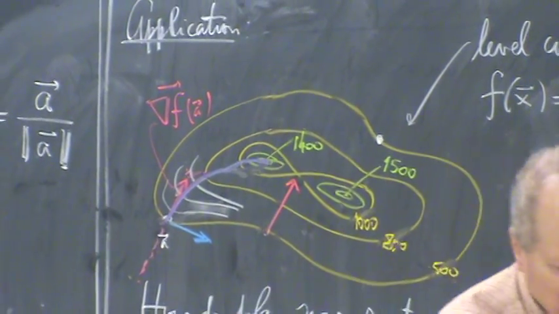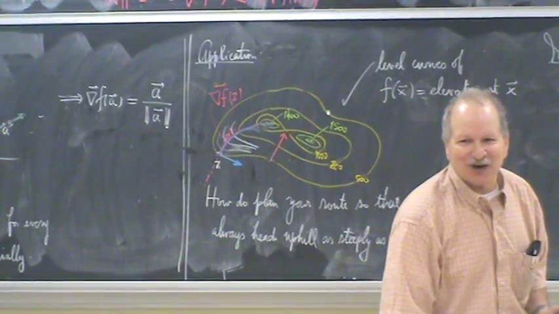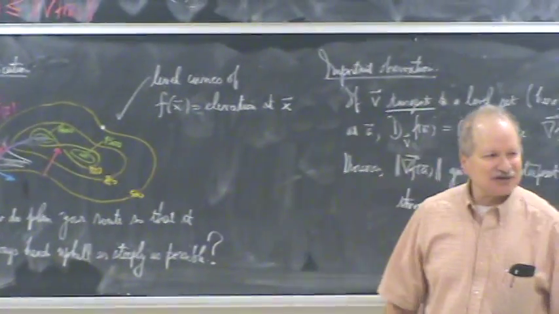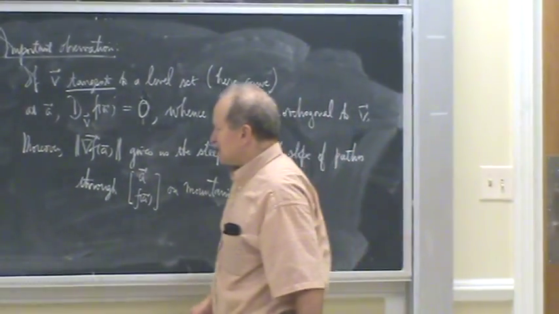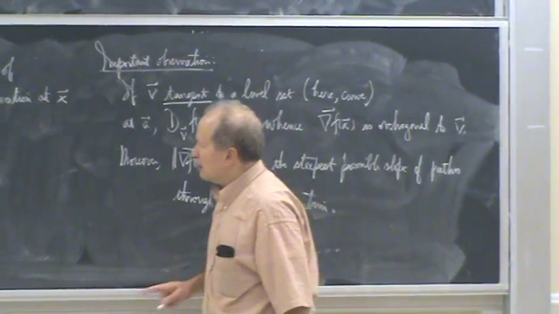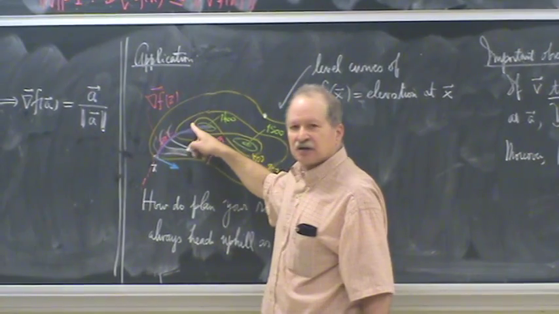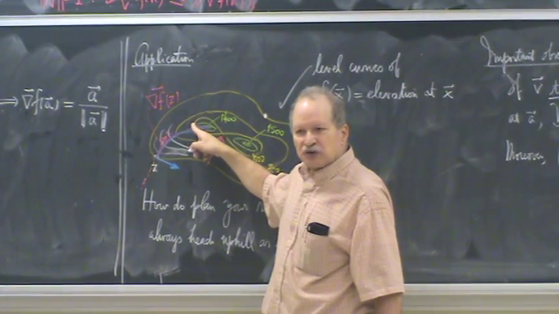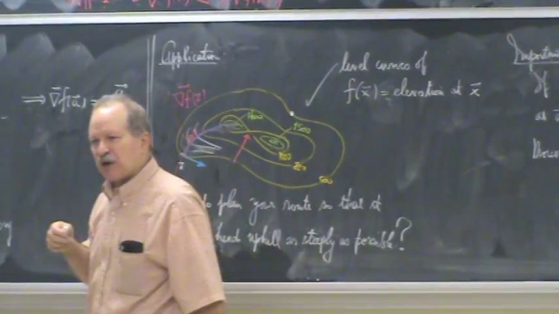Now I'm going to, at this point, throw out a challenge problem, and I will give you serious bonus points for giving me intelligent answers. So you can actually turn this in as a challenge problem. Do you think that following this gradient, following the steepest route at each point as you go on the mountain, really is the most efficient path?